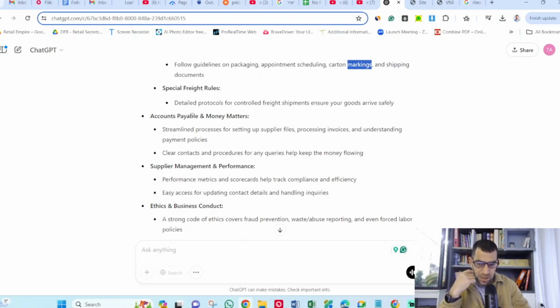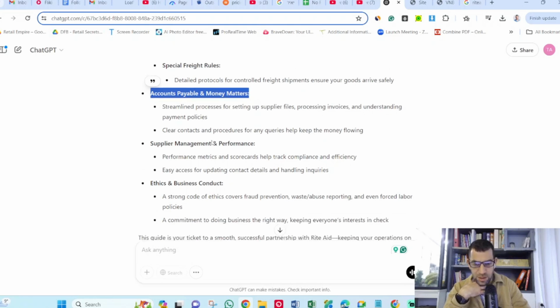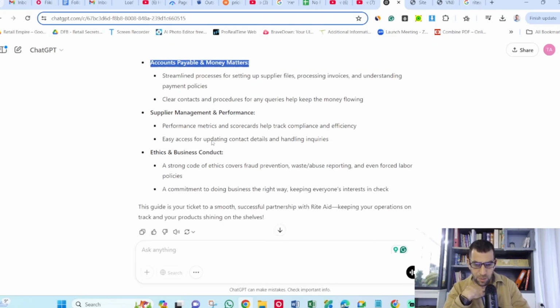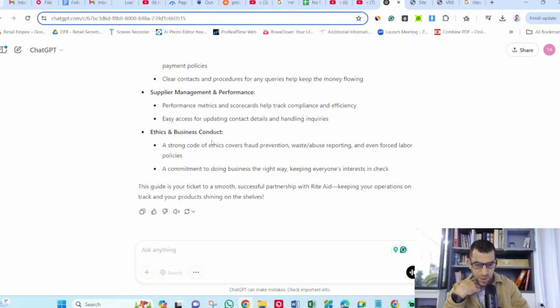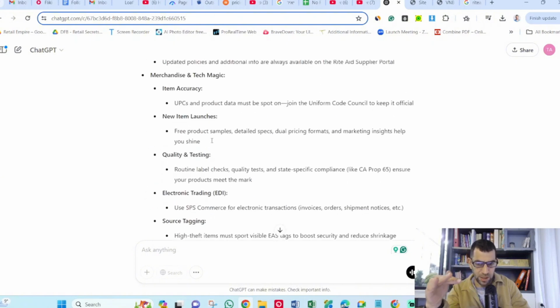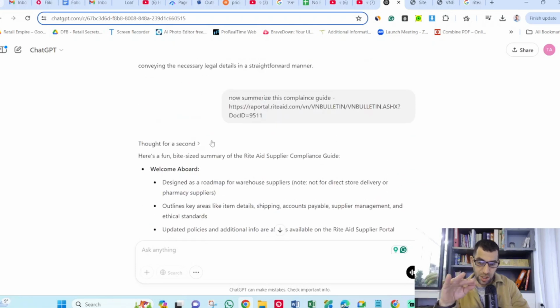Accounts payable means the guys who are paying you. Okay, streamlined process for setting up supplier files, processing invoices, and understanding payment policies. I'm not going to dive into this really now, but as you can see here, these are the topics that you should consider. They are not clearly mentioned here, but this is what you want to consider.